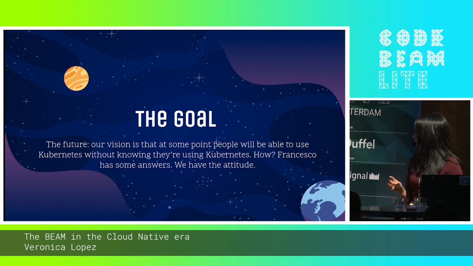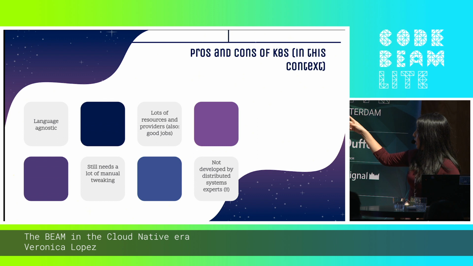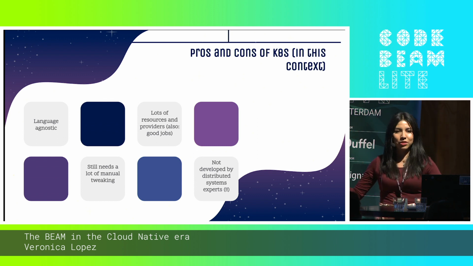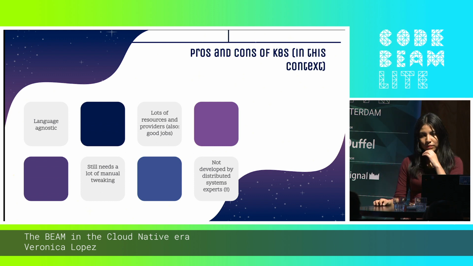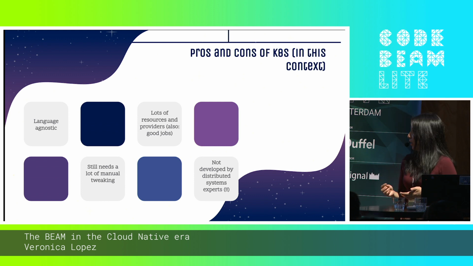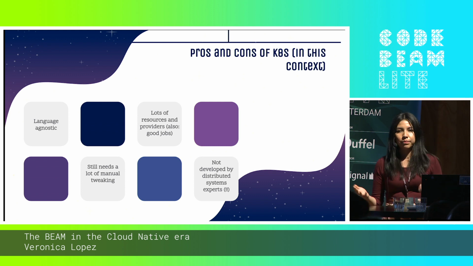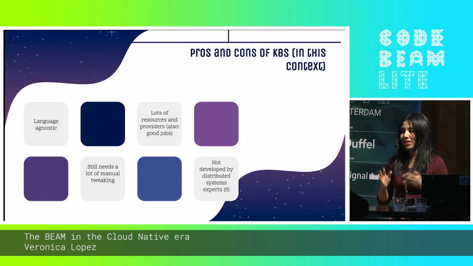One thing that I forgot to verbally mention, but I have here in the pros, is the second one: we also have tons of good jobs in this ecosystem, which is great. Who doesn't like money and impact? So if you're really good at Kubernetes, and coming from a distributed systems background will make you decently good for Kubernetes, it will give you a very decent job.